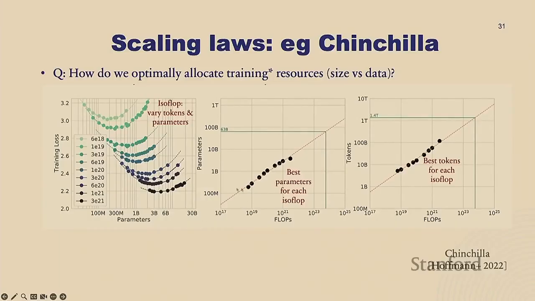So now I have something which tells me if I want to train a model with 10 to the power 23 flops, here's exactly the number of parameters I should be using: 100B. You can do the same thing with flops and tokens. So now you can predict: if I have 1 month of compute, what size of model should I be training? Fit your scaling law, and it tells you.